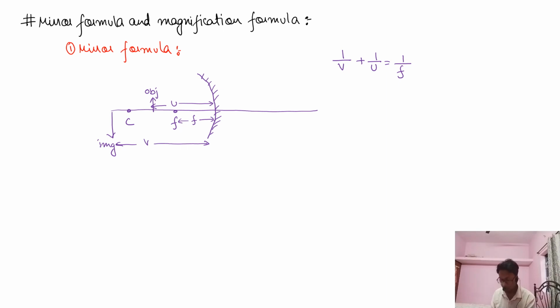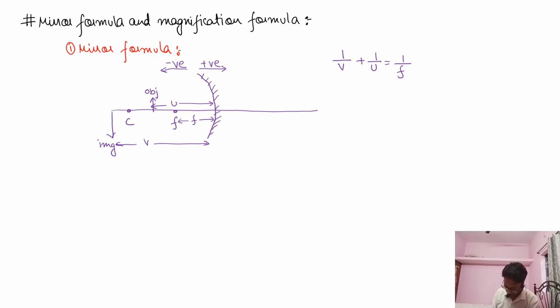Now while doing mirror formulas, one thing you must always keep in mind is that you have to use the convention of direction very carefully. If this side is positive, this side is negative. So in this specific case, the value of u is minus, the value of f is minus, and the value of v is also minus.